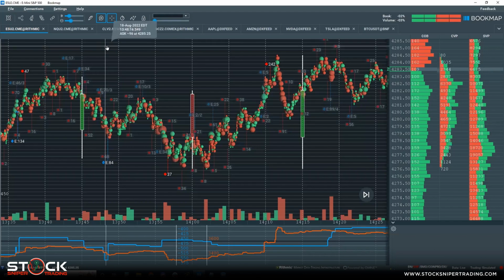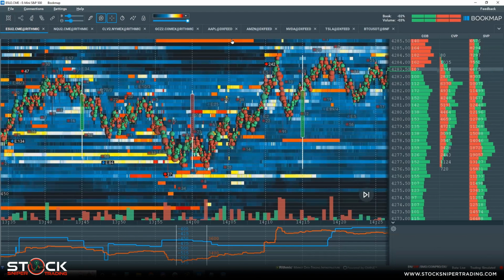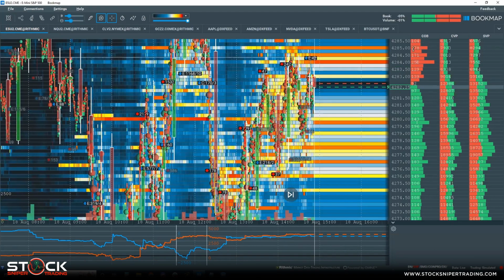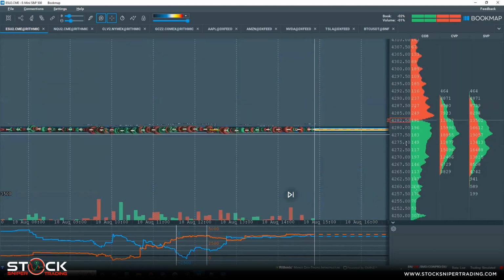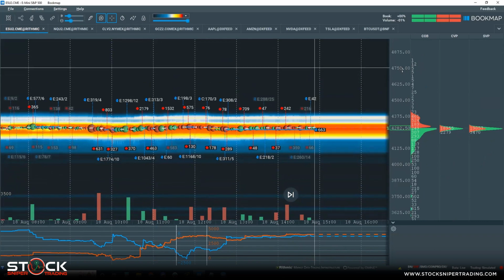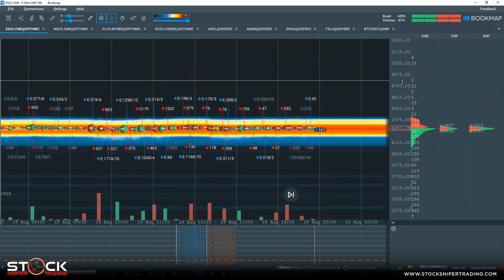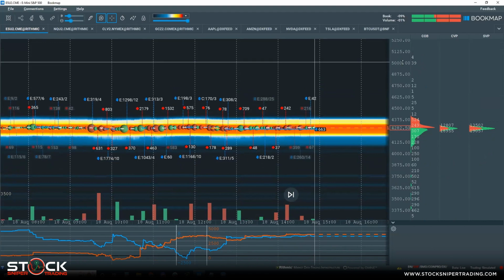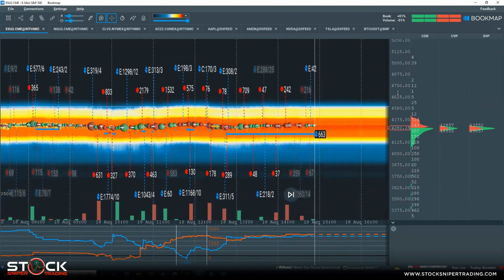Bookmap, because we're showing complete depth of market in here. I can zoom vertically here, and there are contracts up here at like 5,000. You'll see there's 39 contracts up here at 5,000. S&P's never even traded up there. And this is live. So there's a lot of data in here.